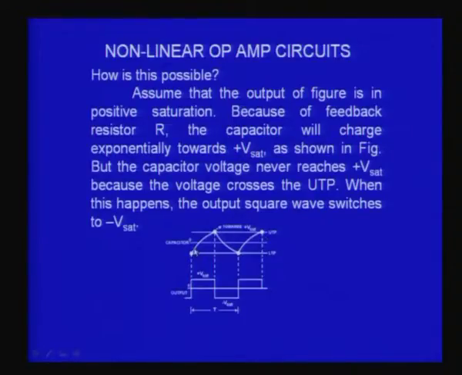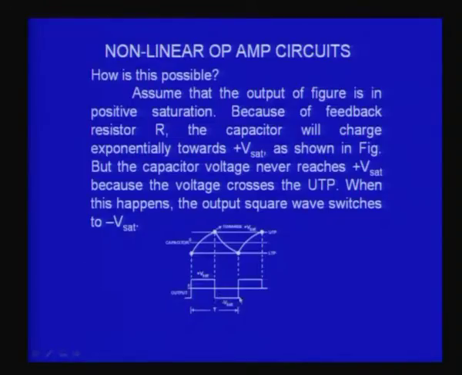Therefore it is a charging and discharging graph that you get at the capacitor, which for a large time constant can almost resemble a triangular wave. Whenever this changeover from charging to discharging happens, the output changes from plus Vsat to minus Vsat, therefore you get a corresponding square wave as shown at the bottom.